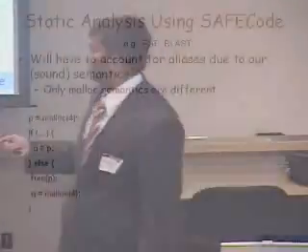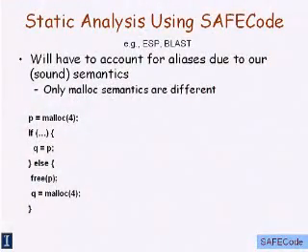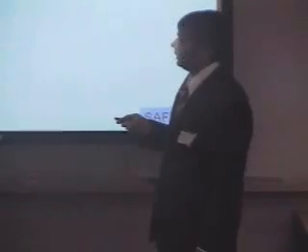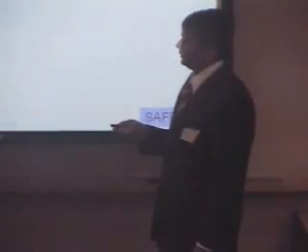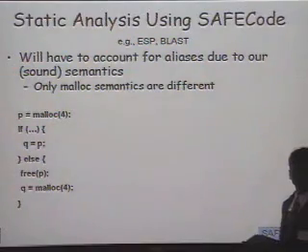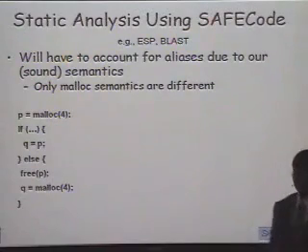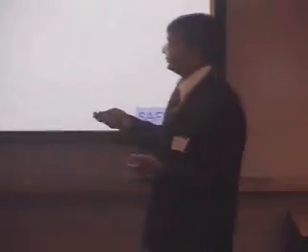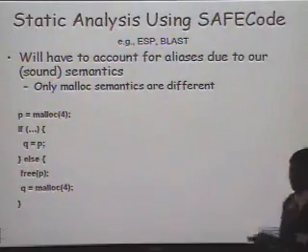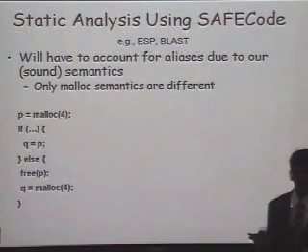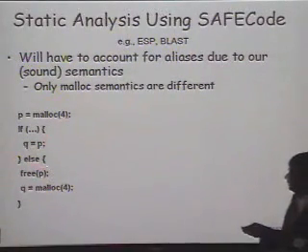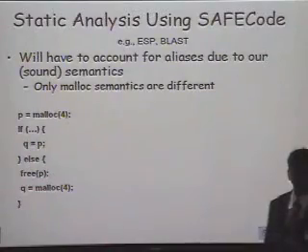So here is an example where we have a malloc. We have q equals p in this part of the if branch, and in the else part of the branch, we have a free and another malloc. Our alias analysis, since it is flow insensitive, is going to assume that q and p are aliased on all paths. But in particular, in the else part of this branch, p and q are not aliased, right?